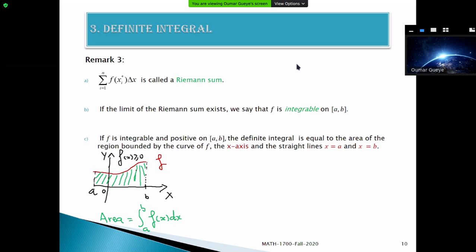But if, for example, the function is not positive, the area and the integral are going to be different.